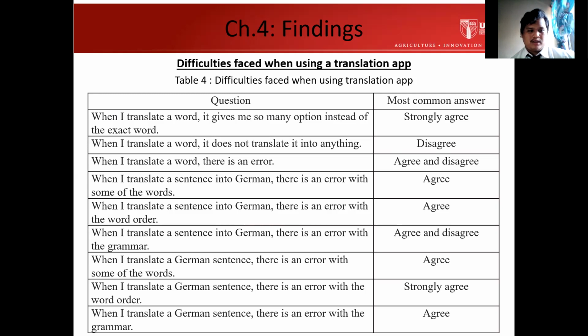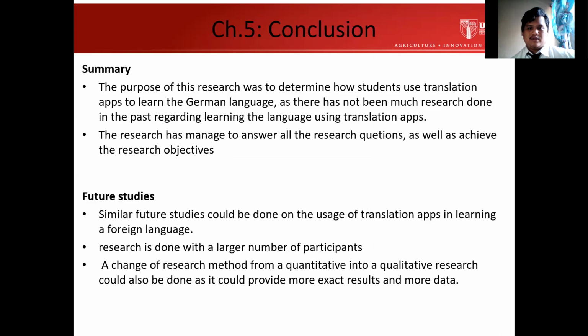And the eighth question: when I translate a German sentence, there's an error with the word order. Most of the students strongly agree that there will be an error with the word order when they translate a German sentence. So that is one of the difficulties that is commonly encountered.